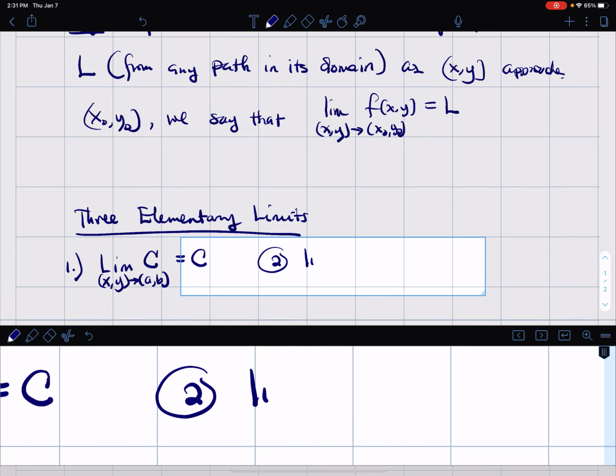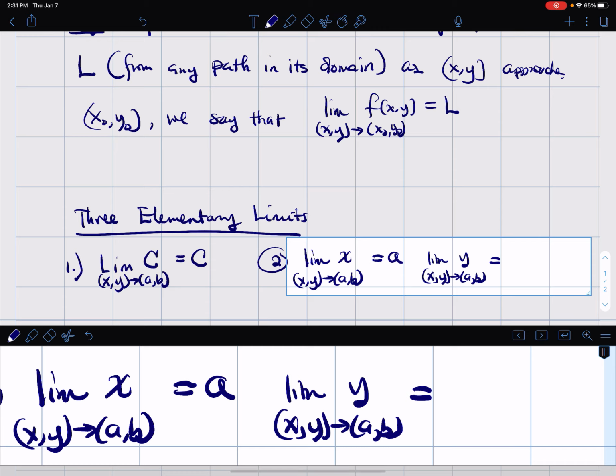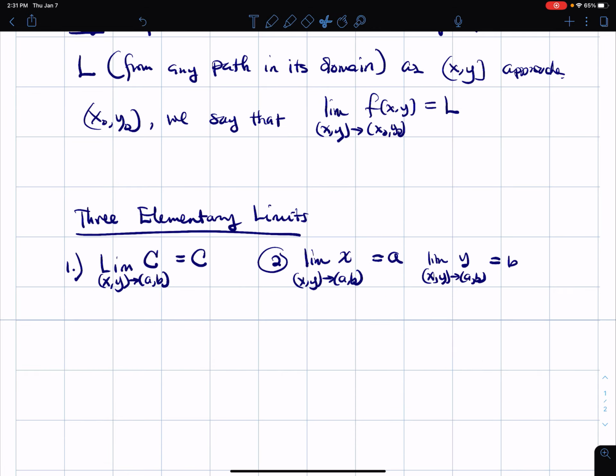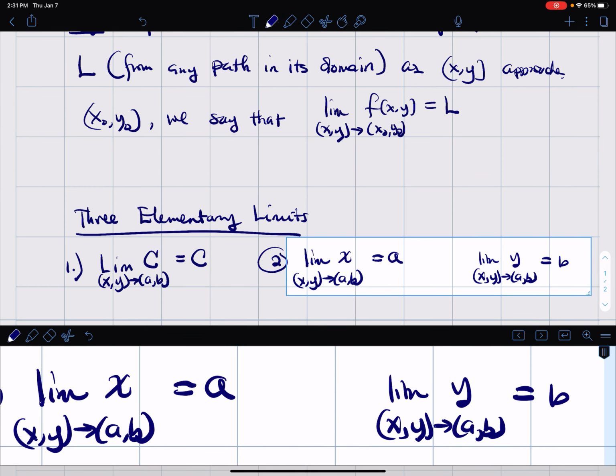The limit as (x, y) goes to (a, b) of x is just a, and the limit as (x, y) goes to (a, b) of y is equal to b. With these three results, which can be proven, we can do a whole lot.